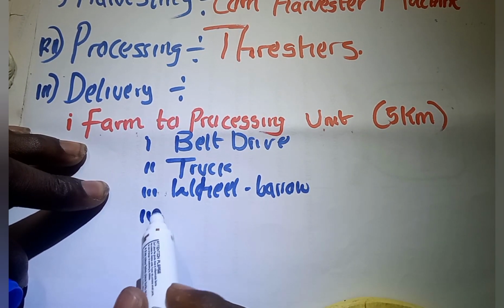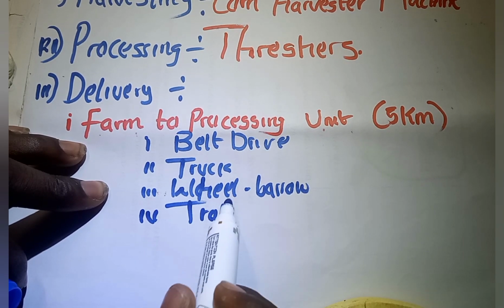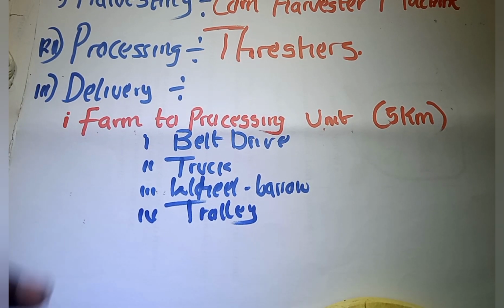You can make use of trolley also. You understand? Trolley is also part. And a host of others depending on the type of materials that you are moving. So from the farm to the processing unit, I have 5 kilometer.